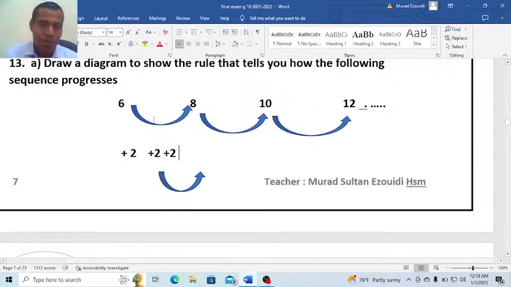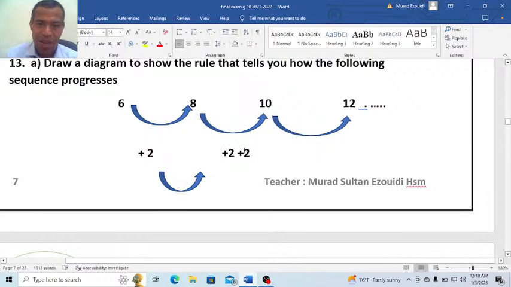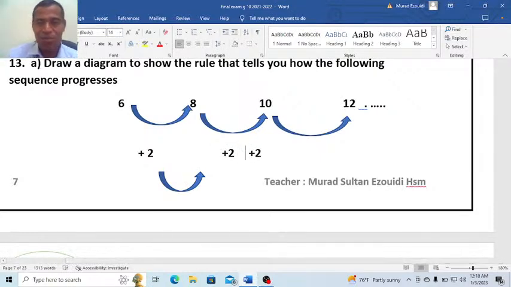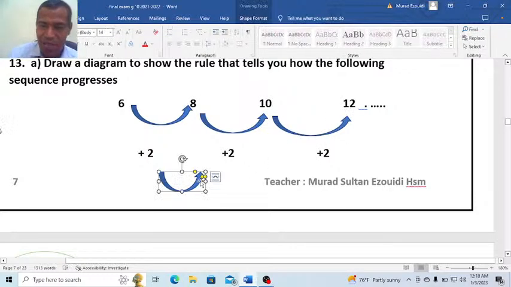Okay, this is how you can answer this question, because the question is looking for you to draw a diagram to show the rule that tells you how the sequence is progressing. You see 6 plus 2 is 8, then 8 plus 2 is 10, 10 plus 2 is what, learners? It is 12.